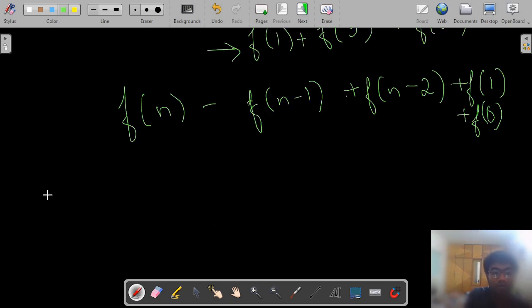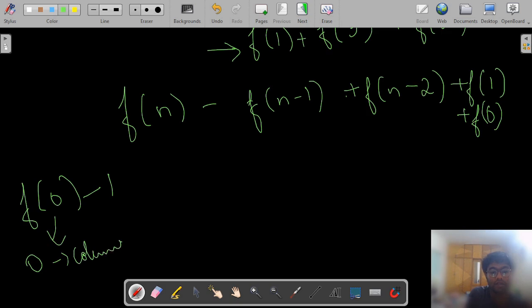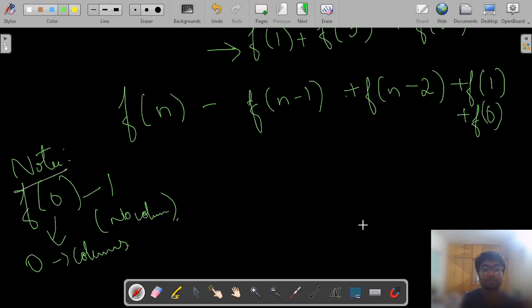We also need to know that f of 0 is simply 1, where we are given 0 columns and there is no tile, and we are required to consider it as a 1. Just a note. And these are a few set of base cases.